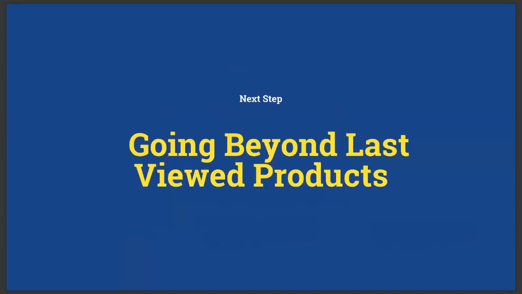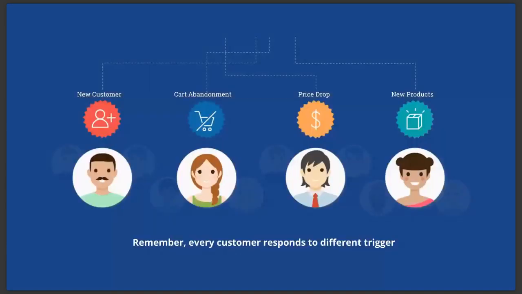The next step is going beyond the last viewed product. We've often found that marketing teams do not make complete use of the audience segmentation features which are provided by Facebook. Remember, not all your customers are going to respond to the same trigger. There are some customers who are maybe waiting for a price drop.